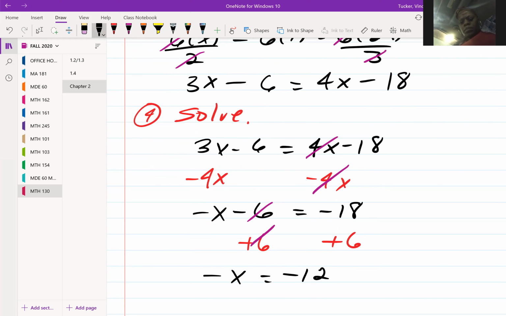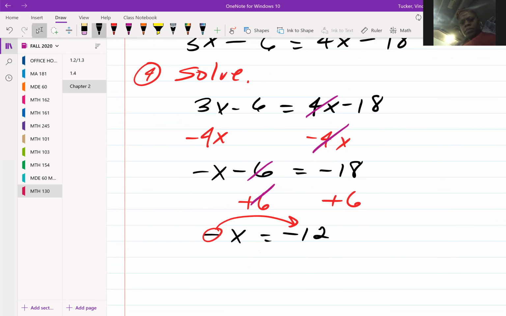Now don't forget you're trying to solve for x, not negative x. So I need to get rid of this negative, and you can just take it to the other side of the equation. So x is going to be equal to positive 12 because negative to the negative is positive.